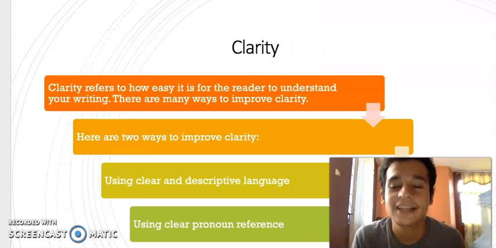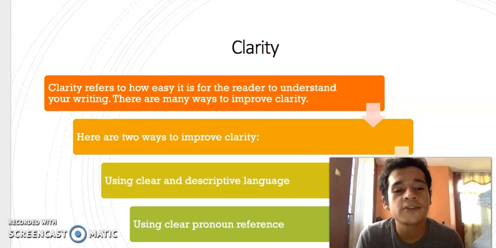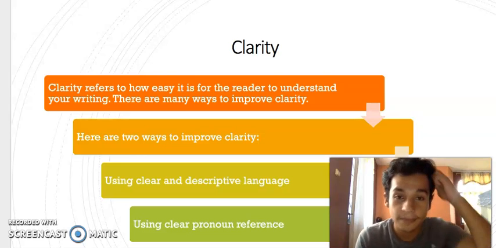Now, clarity. Clarity is another feature of writing. Clarity refers to how easy it is for the reader to understand your writing. There are many ways to improve your clarity. One of those ways is using clear and descriptive language. Another way is using clear pronoun reference.